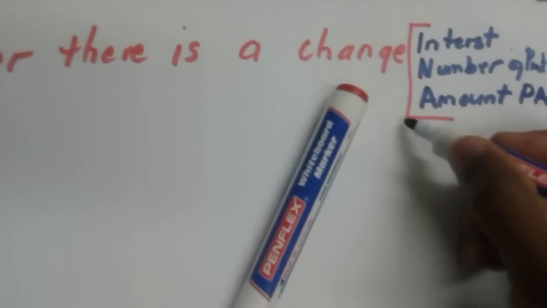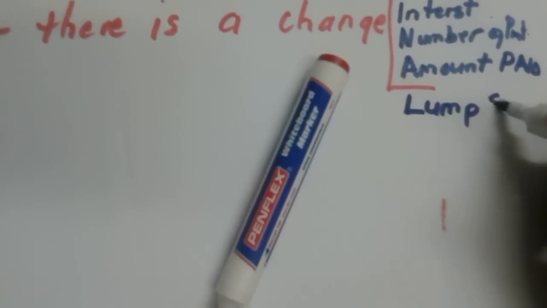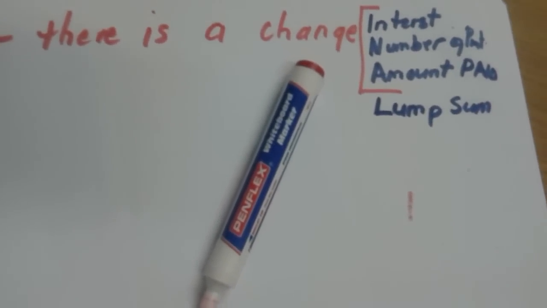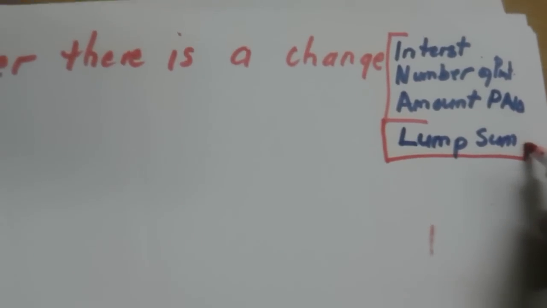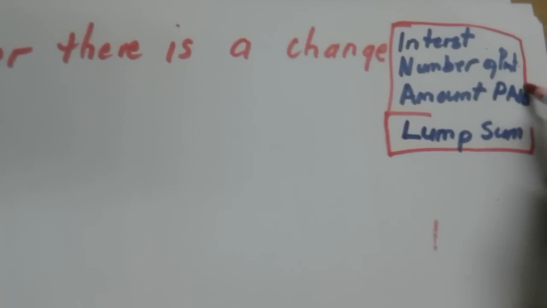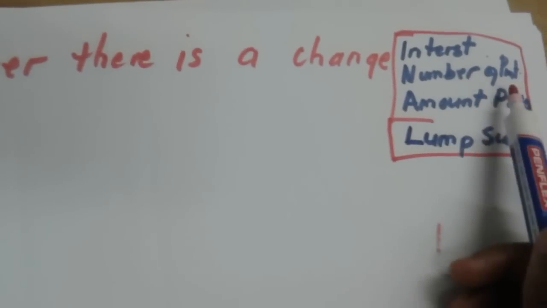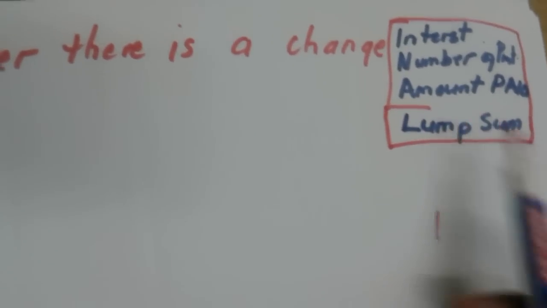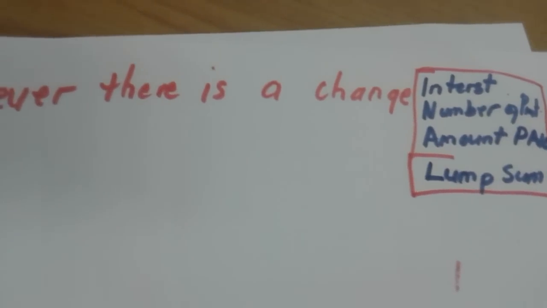And also there can be a lump sum. A lump sum is also another change. So let's include the lump sum there. So all this is what we call change, right? So the interest can change, the number of payments can change, amount paid can change, or there can be a lump sum, right? Okay, so now let's quickly continue.